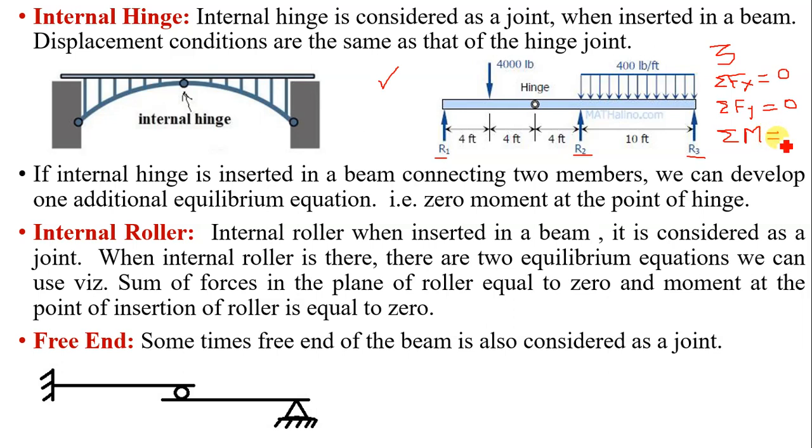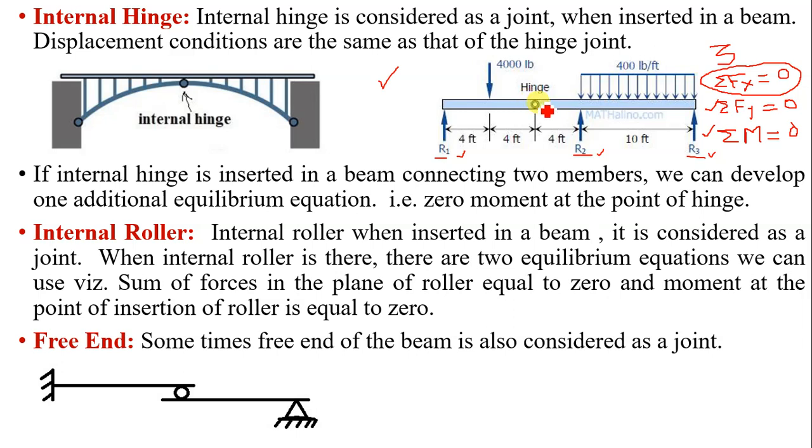Now with the help of these two equations alone, because we are not going to use summation Fx, it is not possible to calculate these three unknowns. We need at least three equations. Now at this stage we can develop an additional equation.